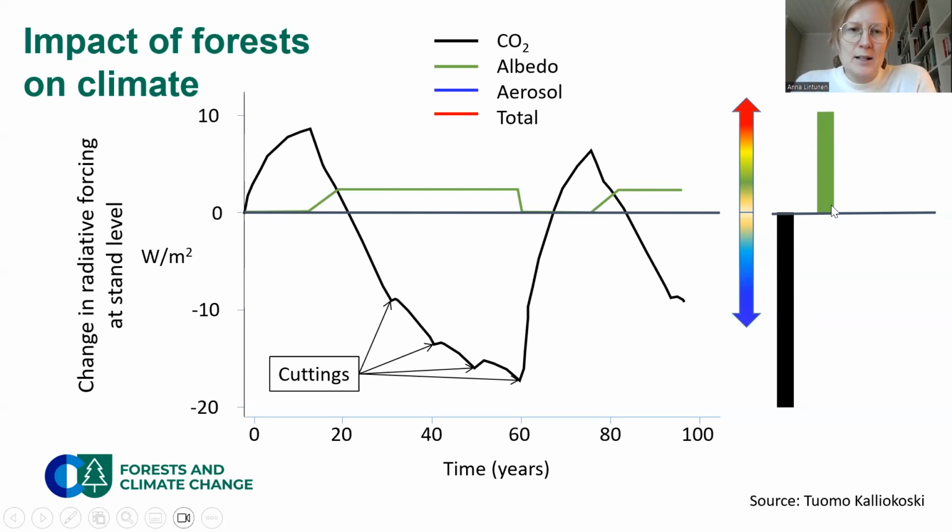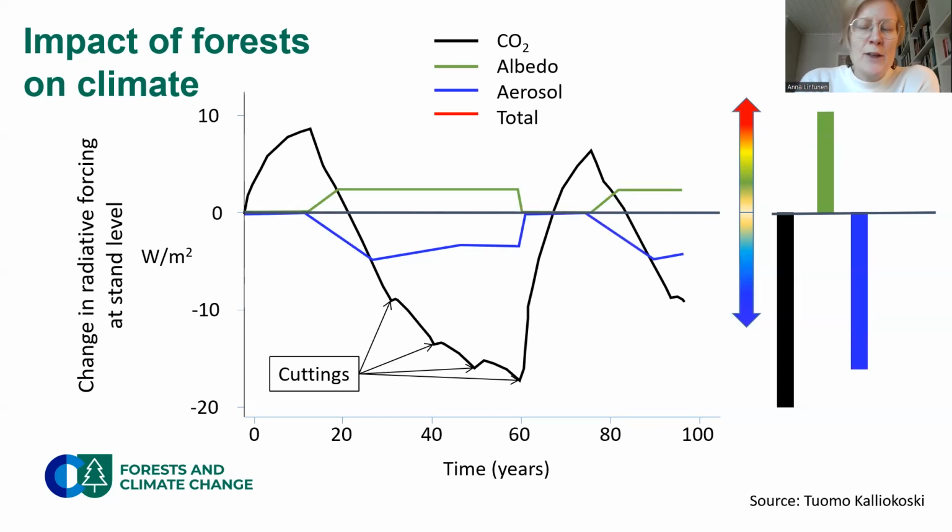Then let's look at aerosols. So when the forest is young, the aerosol emissions are quite small, but after it grows, it starts to emit more and more aerosols, and they have a cooling impact. So we can see that it's almost like a mirror image to the albedo impact.